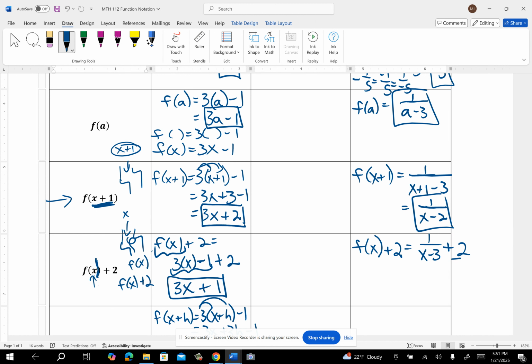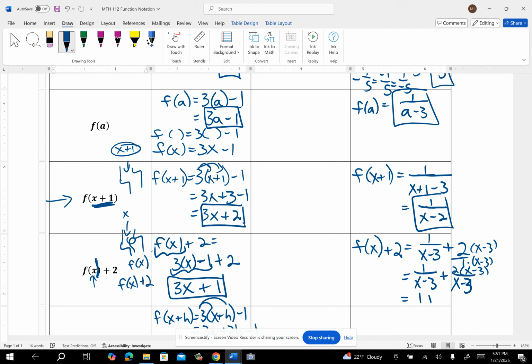To do that, you would have to get a common denominator. X minus 3 would be the common denominator. So what you would need is to multiply both the top and the bottom by x minus 3. And then you'd work on simplifying that.